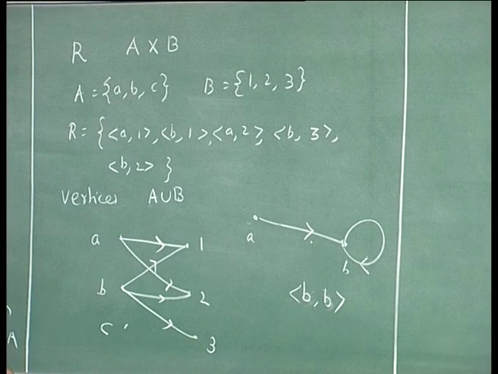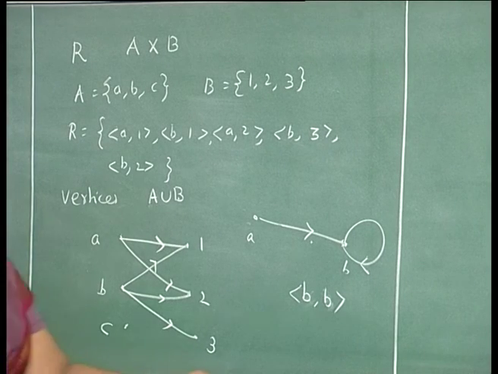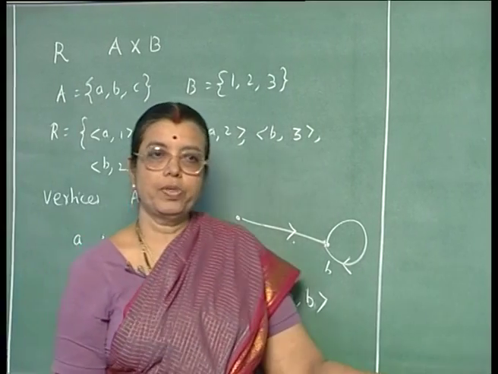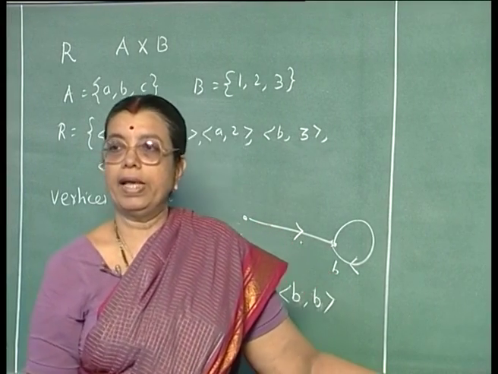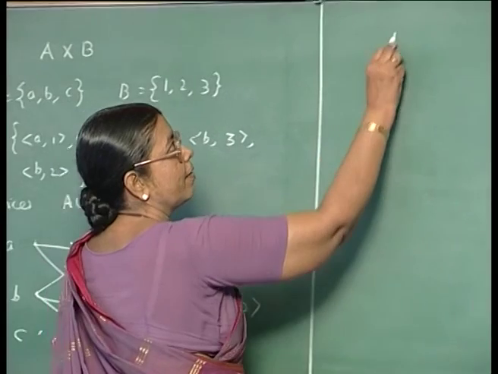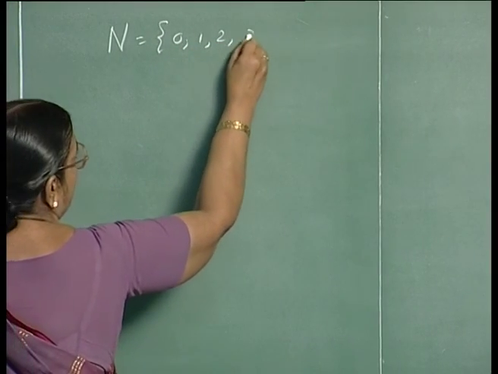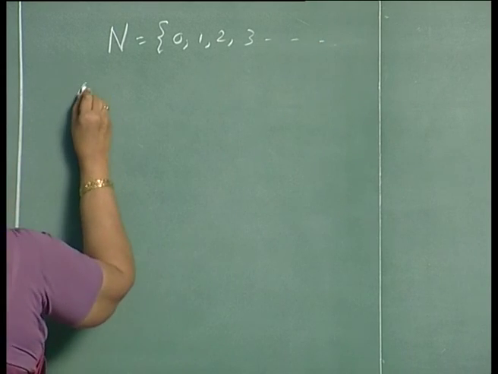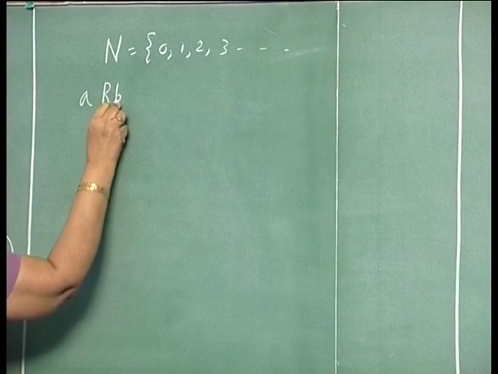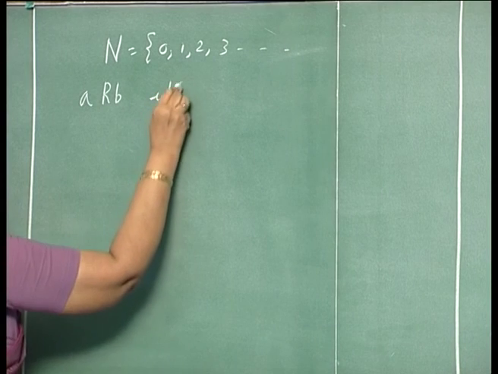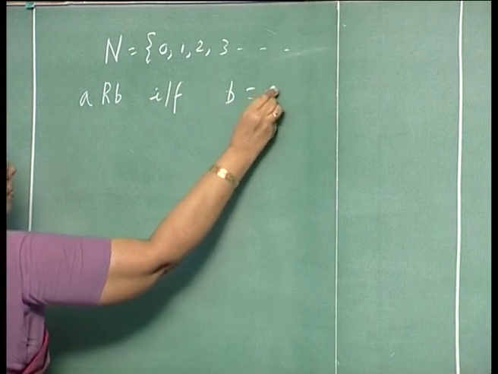Now, this is all possible when you have a binary relation on a finite set A. Suppose you have a binary relation on an infinite set. Let us take the set of natural numbers N = {0, 1, 2, 3, ...}, and the binary relation a is related to b defined like this: if and only if b = a + 3.